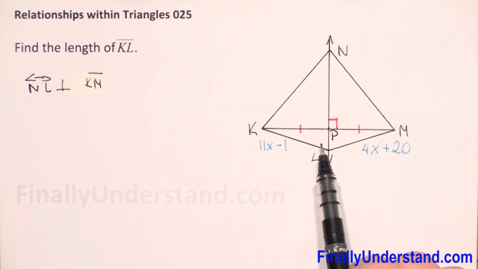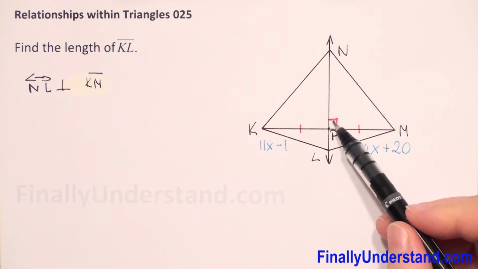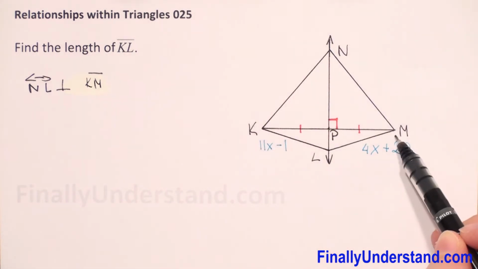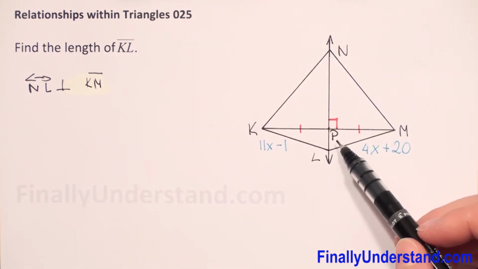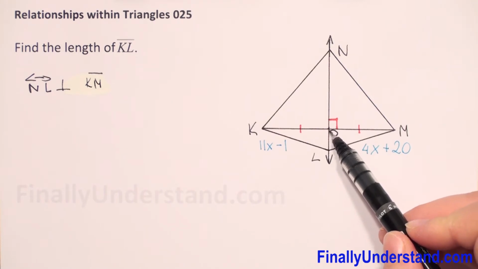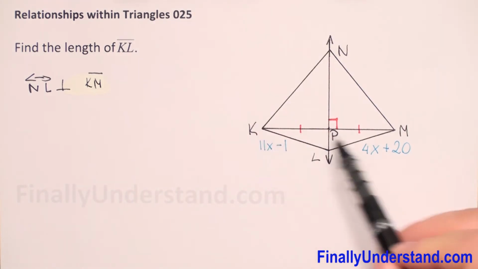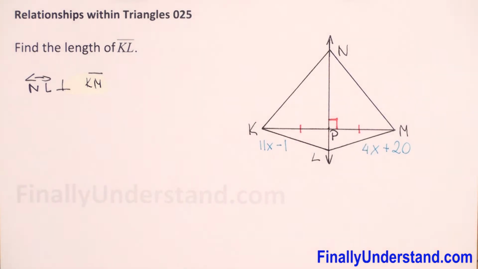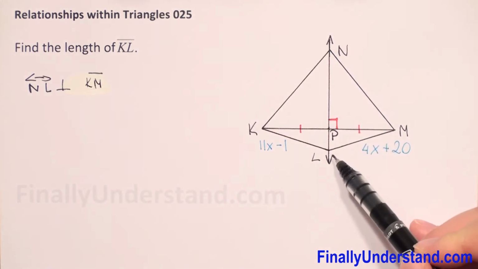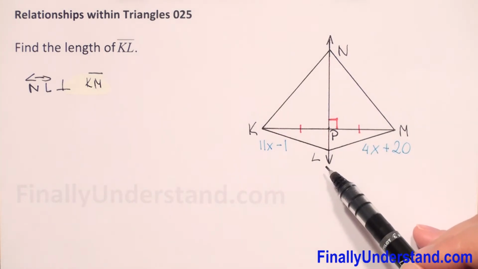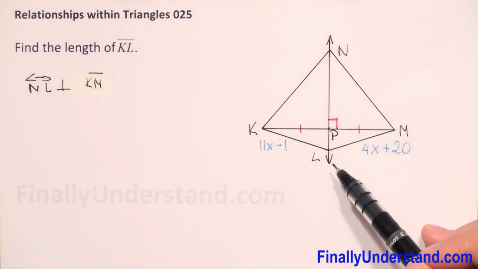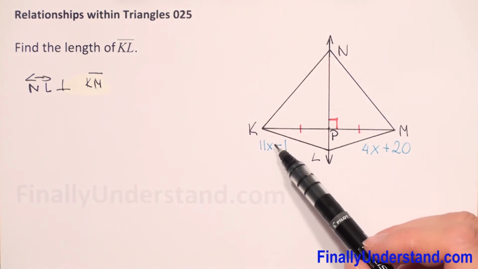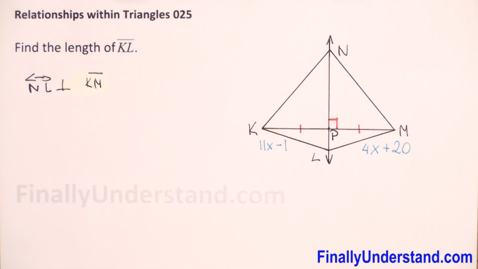Why? Because this line is perpendicular to segment KM, and this line divides segment KM into two equal segments. So NL is the perpendicular bisector of KM segment.